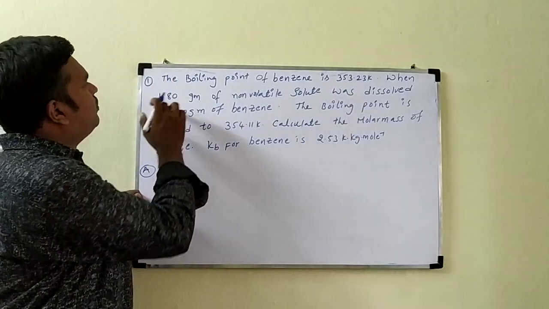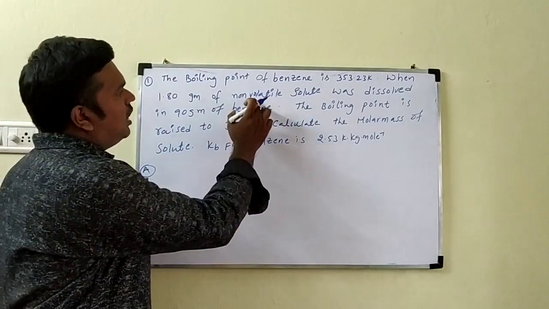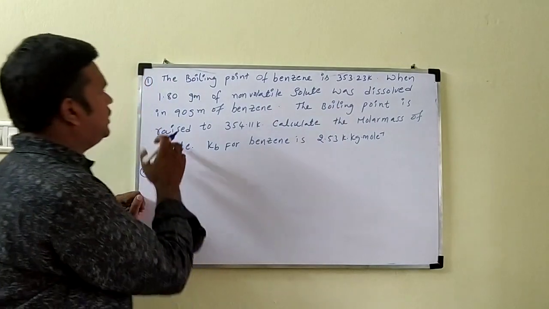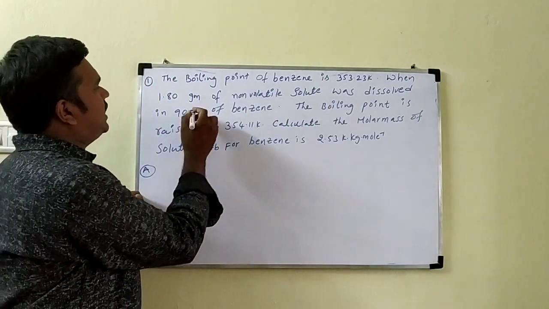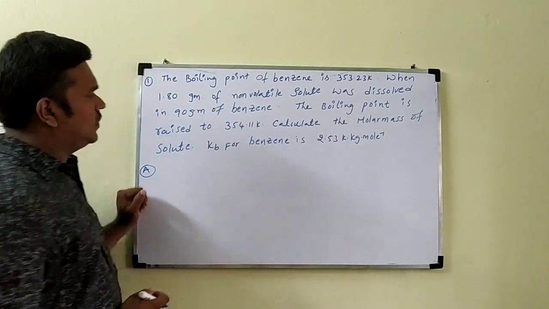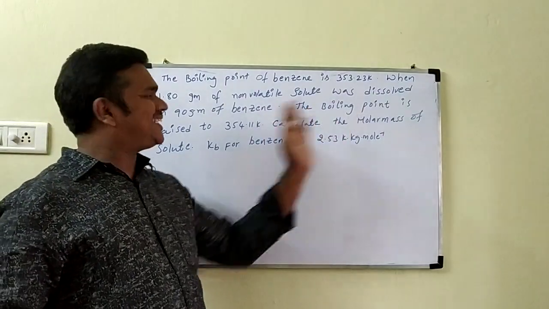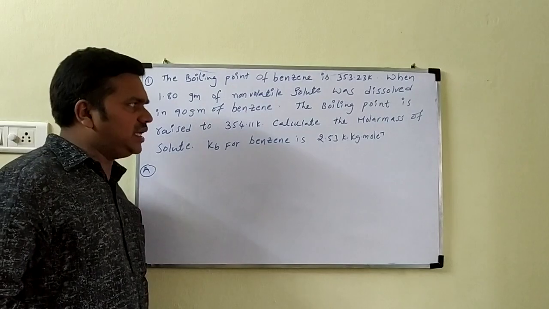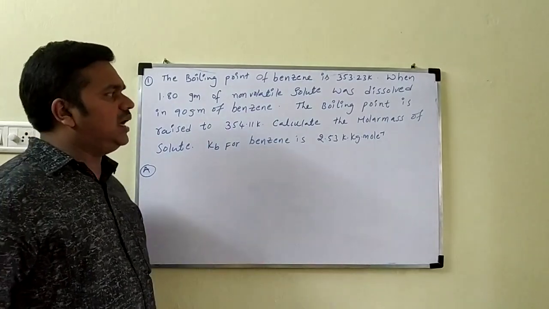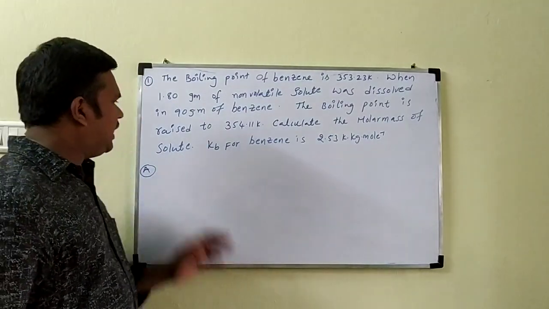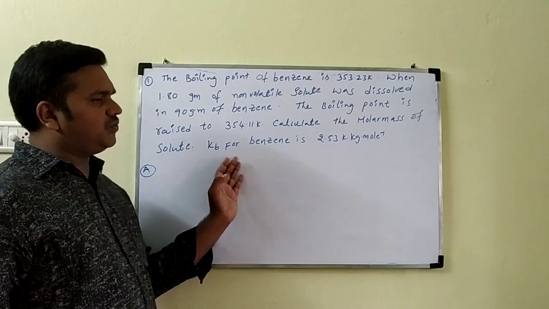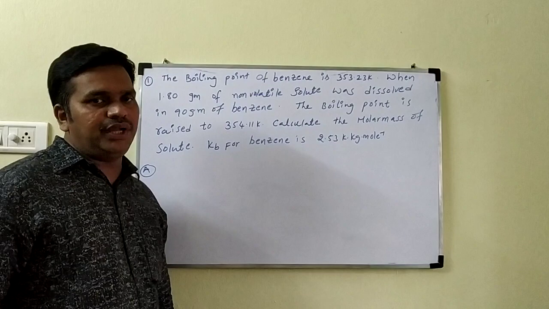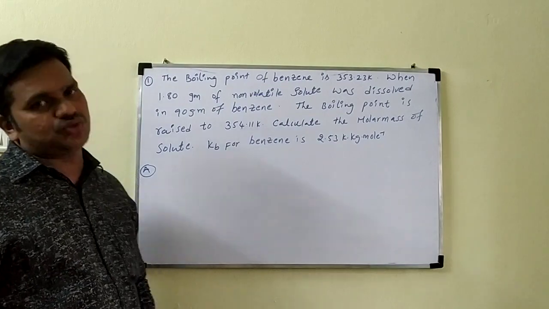When 1.8 grams of non-volatile solute was dissolved in 90 grams of benzene, the boiling point is raised to 354.11 Kelvin. Calculate the molar mass of the solute. Kb for benzene is 2.53 Kelvin kilogram mole inverse.